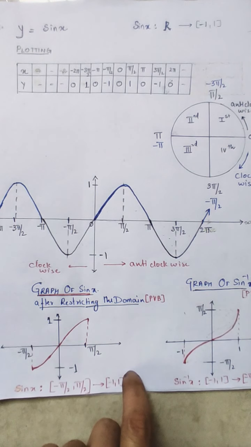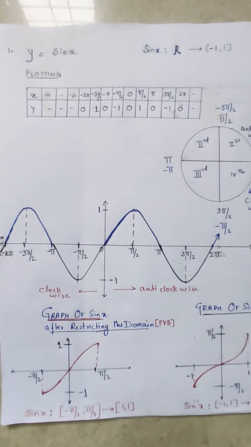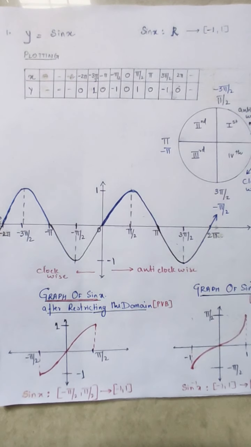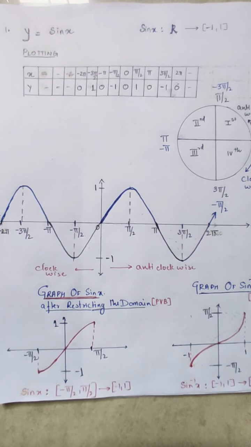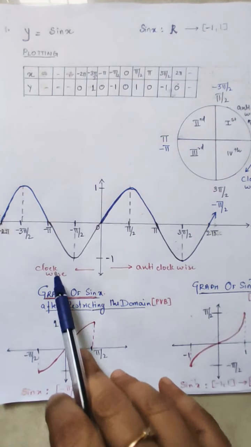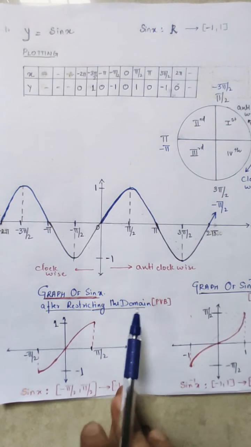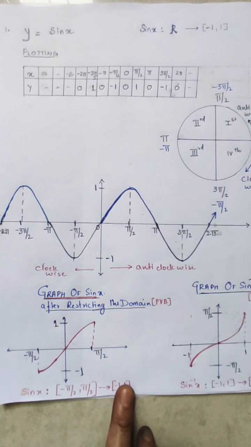Now let us go through the graph of each trigonometric function, how the graph is drawn, and how we can restrict the graph to select the principal value branch, such that we can find the inverse of each trigonometric ratio.